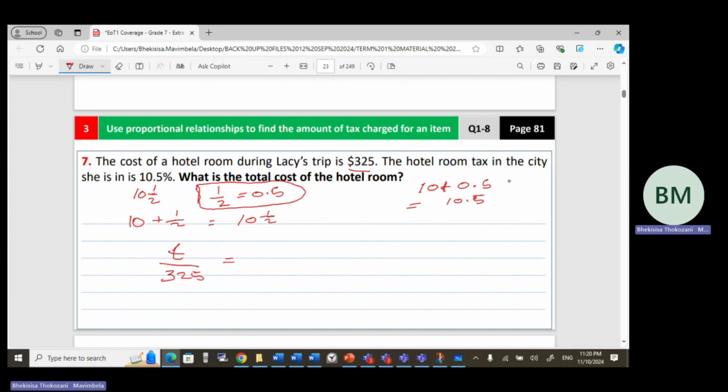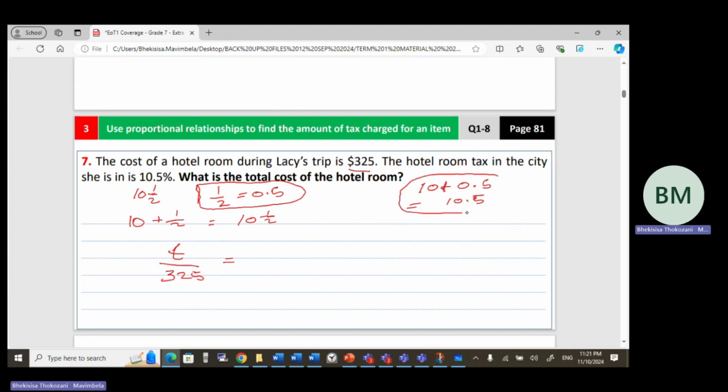okay, let's deal with that thing there. Let's deal with this 10.5. 10 times 2 is 20, plus 1, so it would be 21 over 2, right?